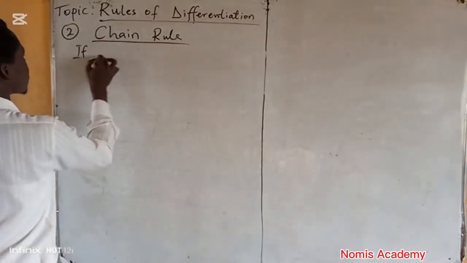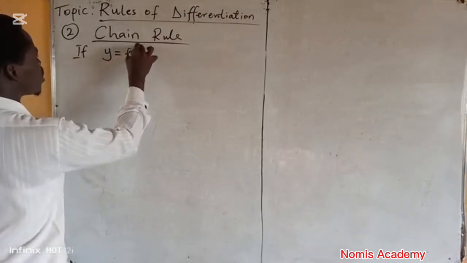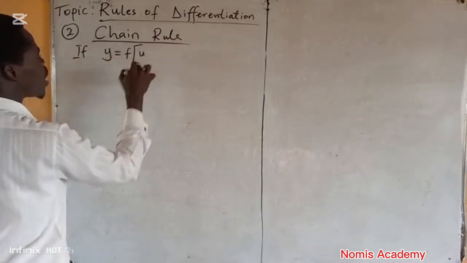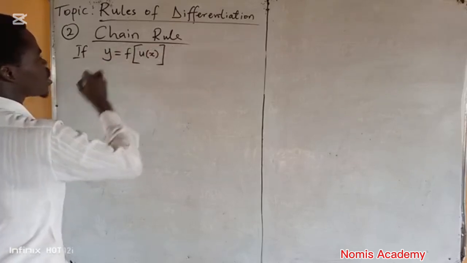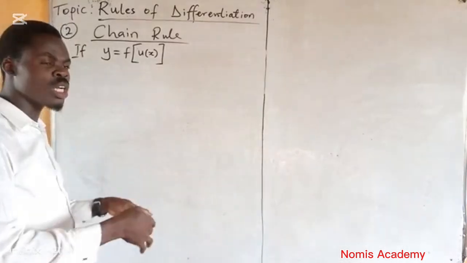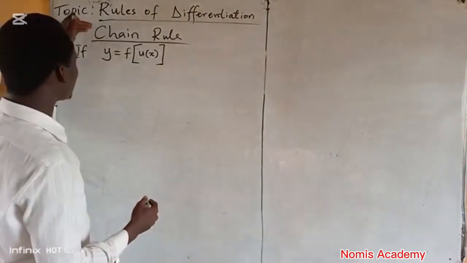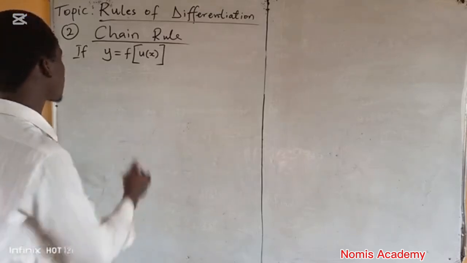If y is a function of u and u is a function of x, when we have a problem in this order, that is a function of a function, we apply the chain rule to solve those kinds of problems.